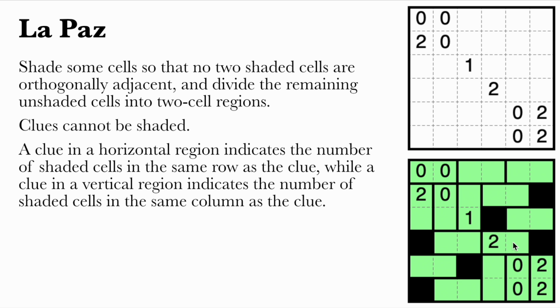Whereas this 2 is in a horizontally oriented domino, which tells us there are 2 shaded cells in that row. Note that dominoes don't have to have a clue, and they can have multiple clues, but of course in that case they would need to be the same number.